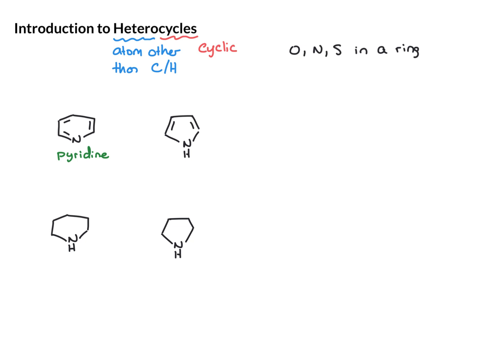Second one is pyrrole. And then we also have variations without the double bonds. The 6-membered ring without double bonds is piperidine. And the 5-membered ring containing a nitrogen is pyrrolidine.